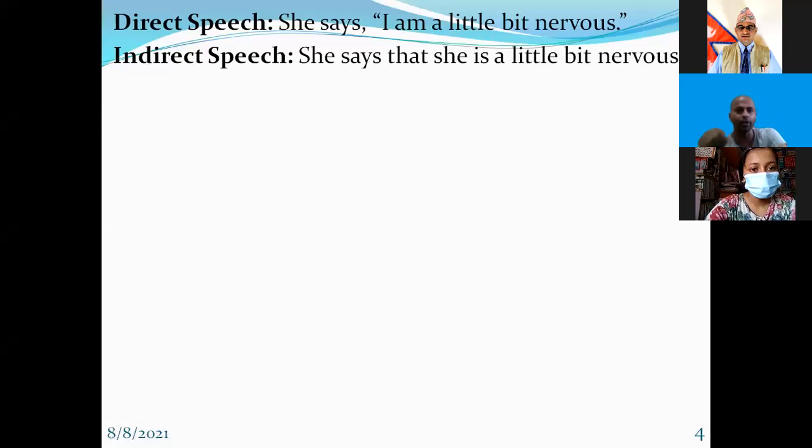But what we teachers generally do is, some brilliant students catch up many examples: says equals states. That is 100% correct. But most of the students in class 10, if they are good in vocabulary, can replace says with states.